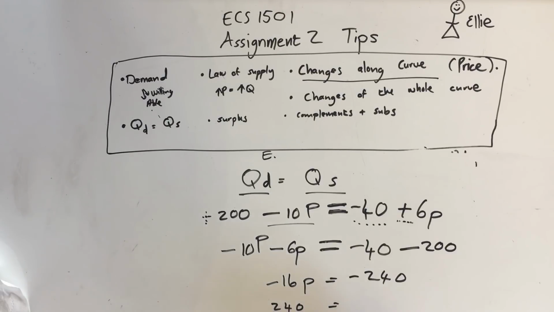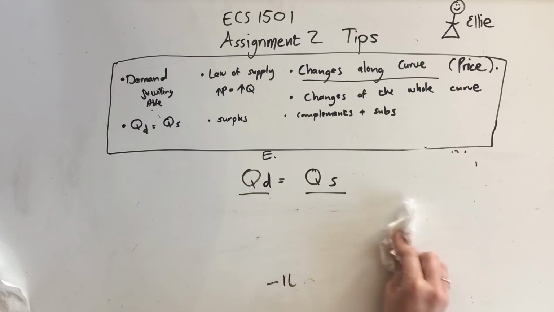Put the 16p on that side, which makes it positive. Okay, this is the same as saying 16p equals 240, which is the same as p equals 240 divided by 16. And that you just work out on your calculator for the exam, and that will give you p. As soon as you know what p is, okay, remember, we're going back to the graph here.